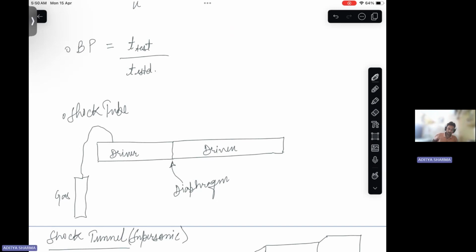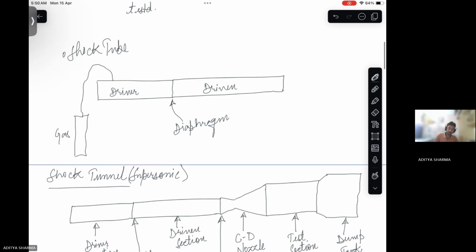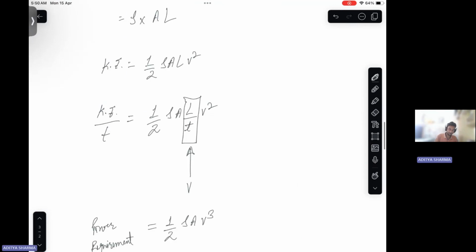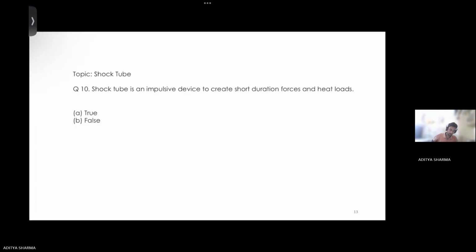And this gas ruptures this diaphragm, which leads to formation of a shock wave, right? So when the question says that a shock tube is an impulsive device to create short duration forces and heat loads, this is a true statement here.